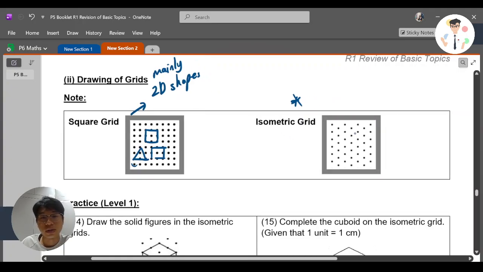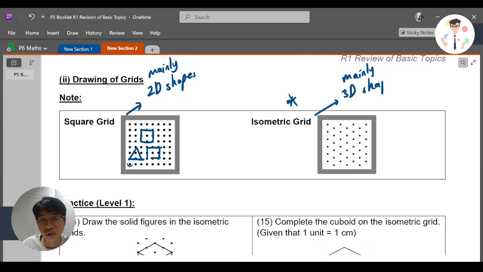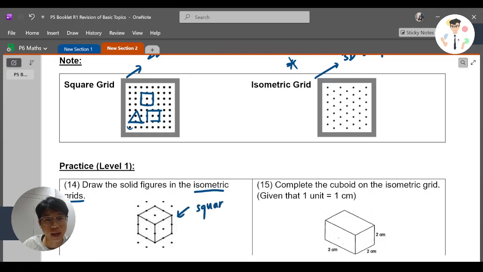But the isometric grid is mainly, and I use the word mainly because it's not only limited to this, used to draw 3D shapes, which you'll see something like this. This is an isometric grid, and I have drawn a cube in it, sorry, I used the wrong word, a cube in it.